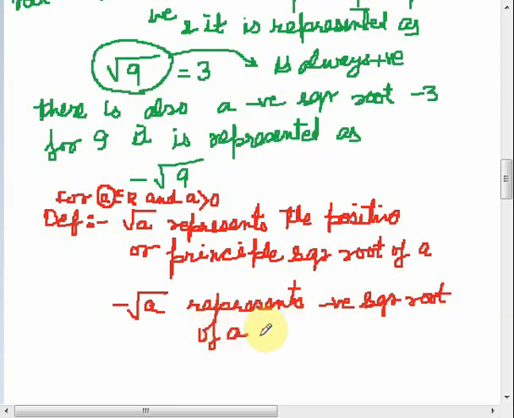It is opposite to the principal square root.